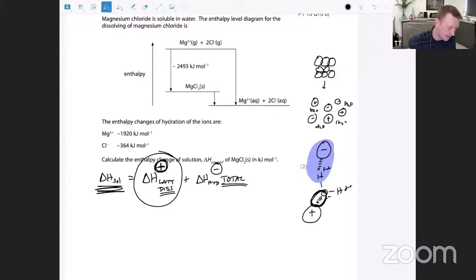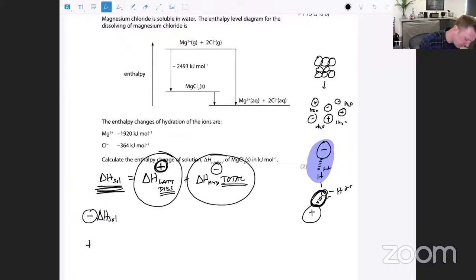But then energy is released when those ions form electrostatic attractions or intermolecular forces, hydrogen bonding with water, okay? So depending on what that balance is, that has a big impact on whether it's going to be soluble or not. Because what is it about this delta H sol, guys?